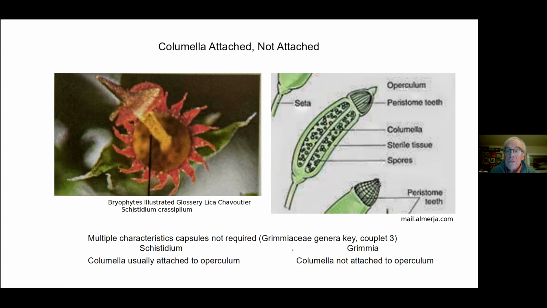And in the Grimmiaceae genera key, couplet 3, Schistidium is separated from Grimmia. The Schistidium genus is separated from the Grimmia genus by whether or not the columella is attached to the operculum. In this case, you can see here's the columella that runs down the middle of the capsule, and it's attached to the operculum.